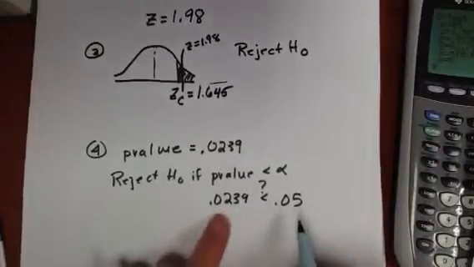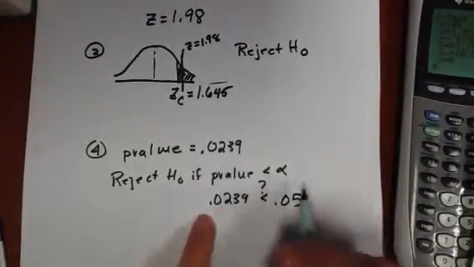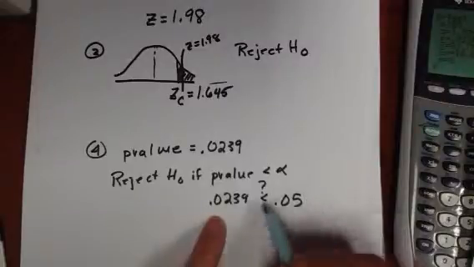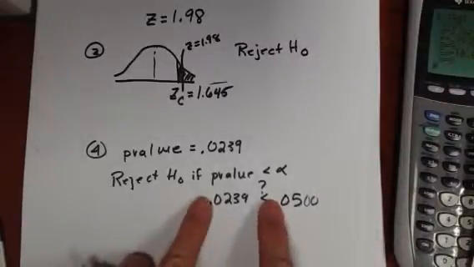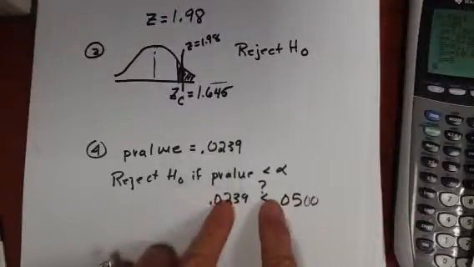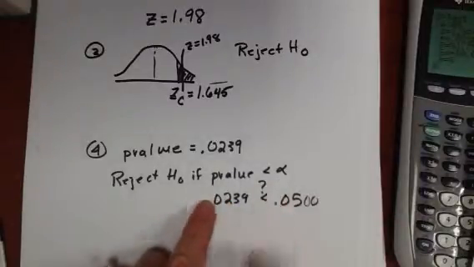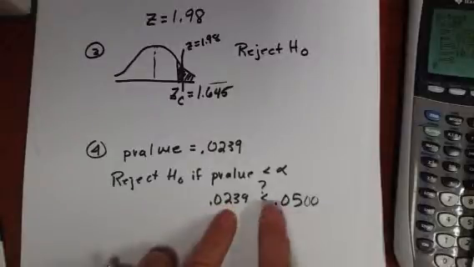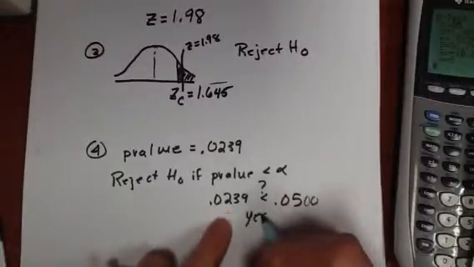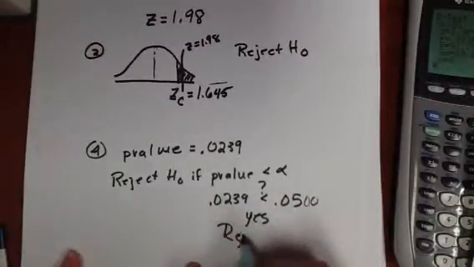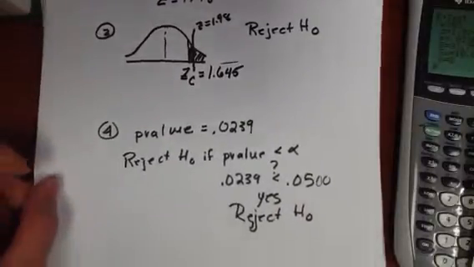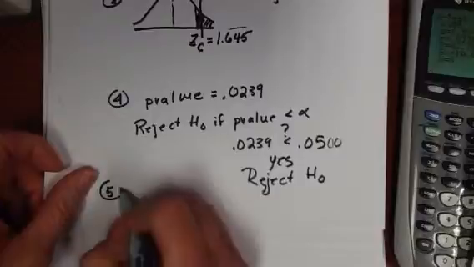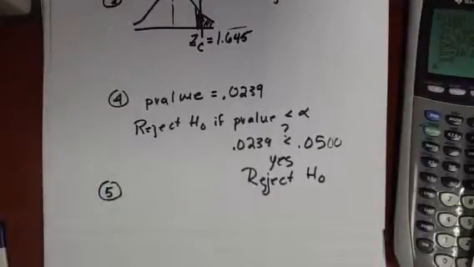If you don't remember how to compare decimals, imagine the same number of zeros behind this. Think of it just as a number. Which one is smaller? This one is smaller. 239 is smaller than 500. So 0.0239 is less than 0.05. So the answer is yes, so we reject H naught.